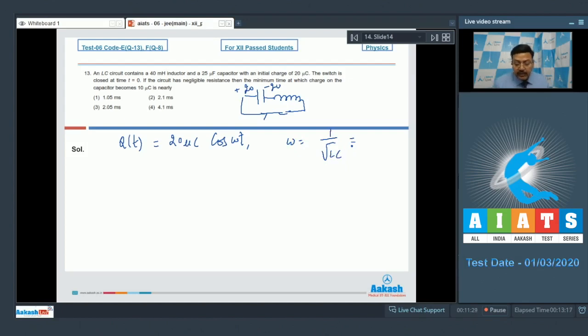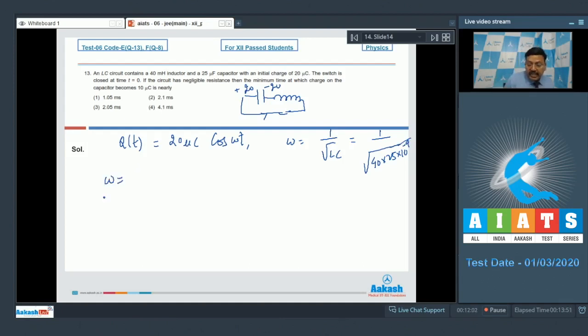Let's calculate the value of 1 by root LC. Well, this is then coming out to be under root of L into C. The value of L is 40 into 10 to the power minus 3, and C is 25 into 10 to the power minus 6. So that means we have in the denominator a factor of 10 to the power minus 2. So this is the angular frequency in SI units. Let's simplify the value of omega once again.